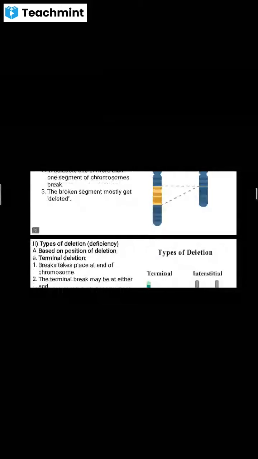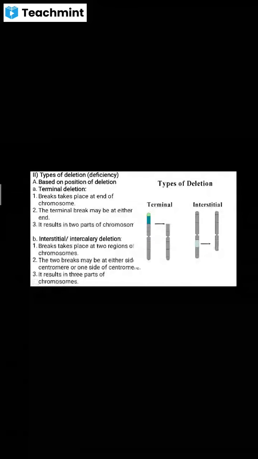Then what are the types of deletion? Based on the position of the deleted segment, there are two types. The first one is terminal deletion. In terminal deletion, the break takes place at the end of the chromosome.